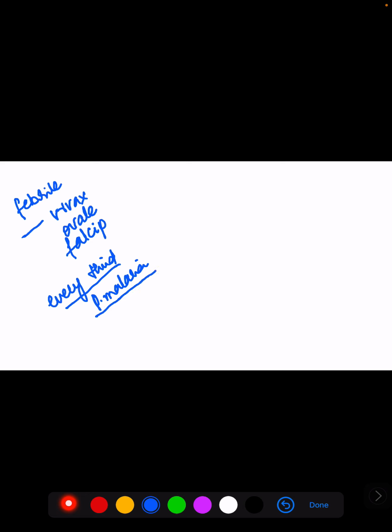In Plasmodium malariae, the infection will be mild, but chronic recurrent Plasmodium malariae will cause glomerulonephritis and nephrotic syndrome.